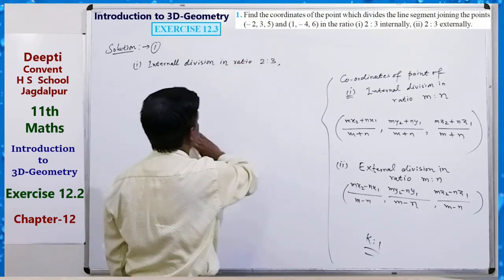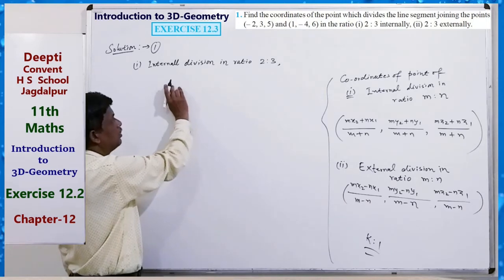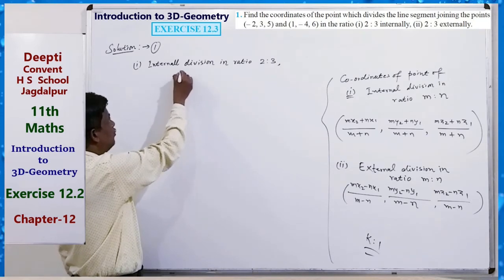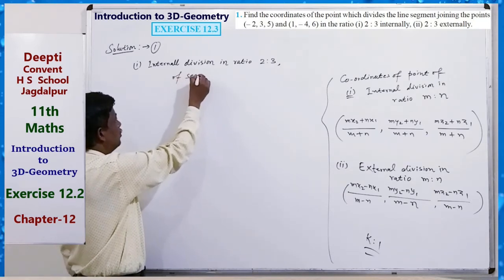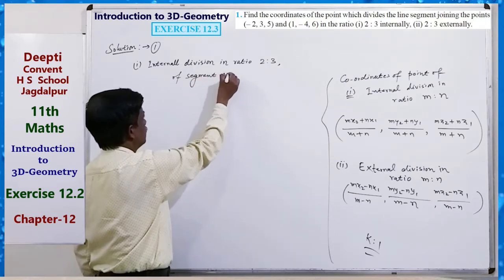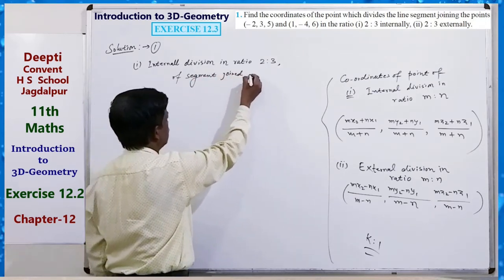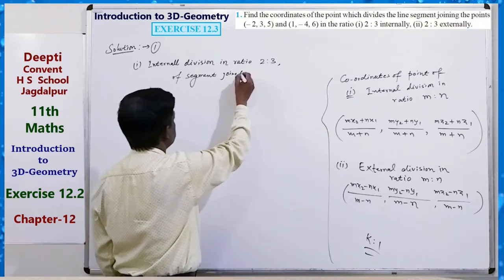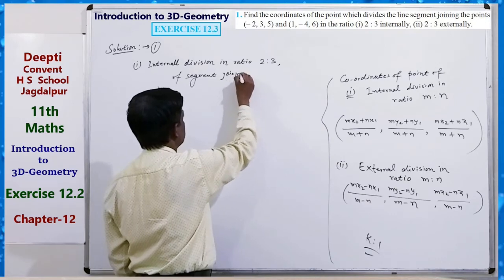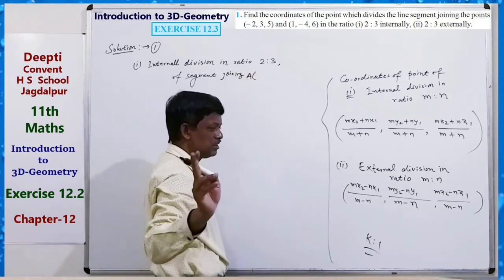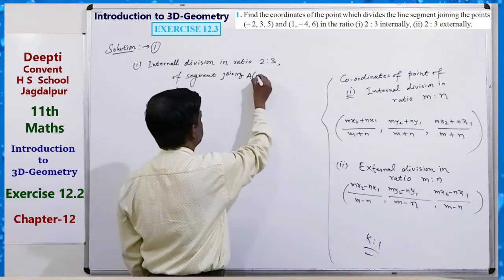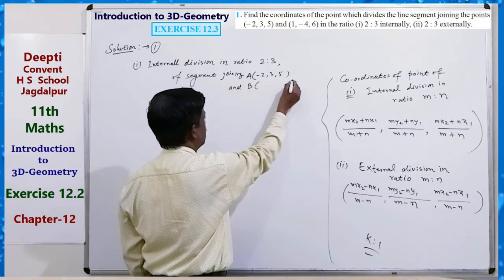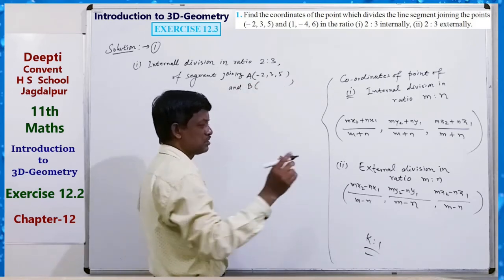Of the line segment joining A, the first point, which is (-2, 3, 5), and B, which is (1, -4, 6).